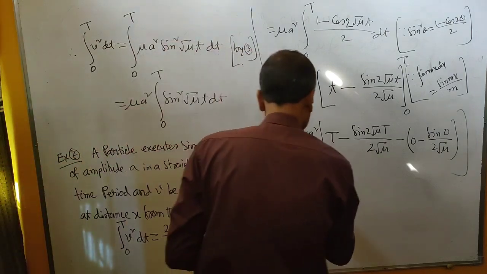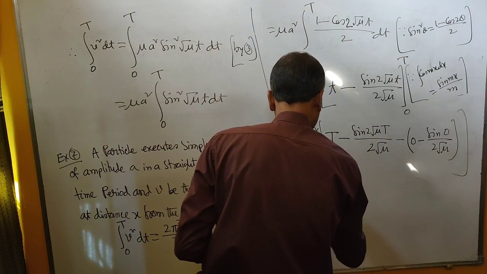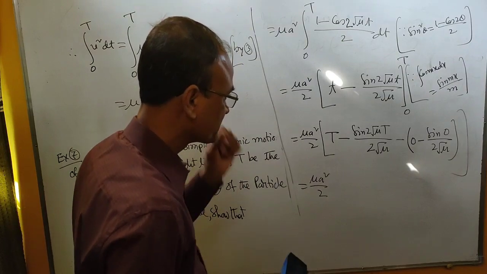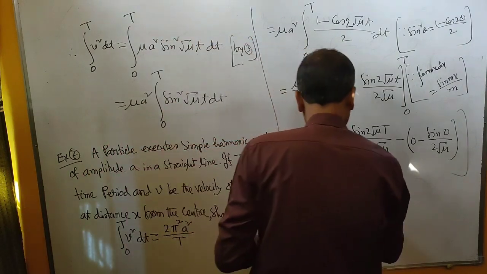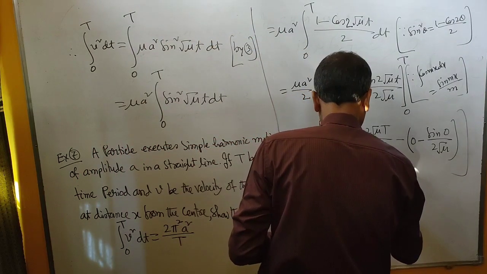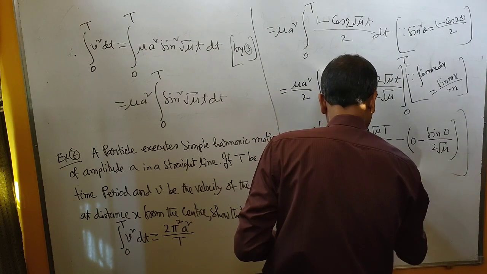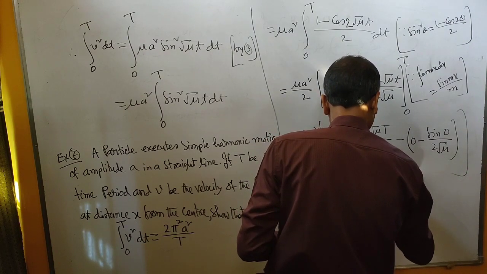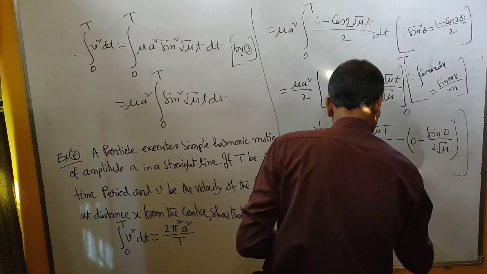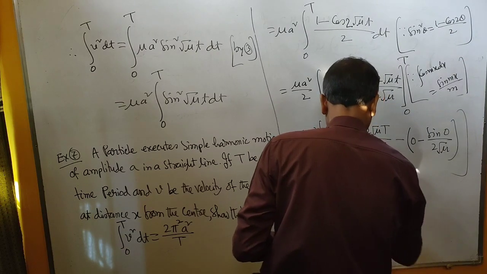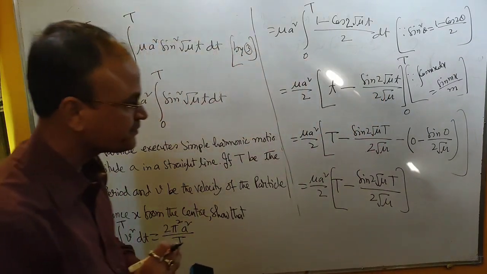This is equal to mu a square divided by 2 times T minus sin twice root mu T divided by twice root mu.